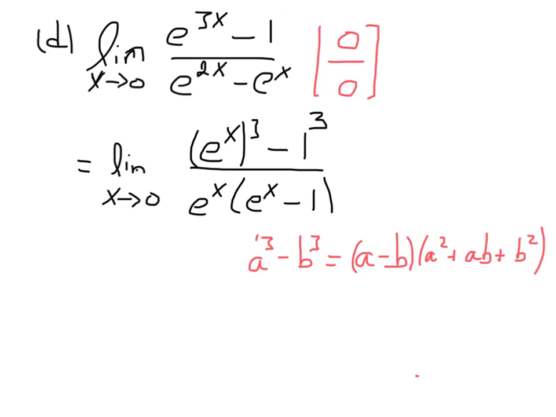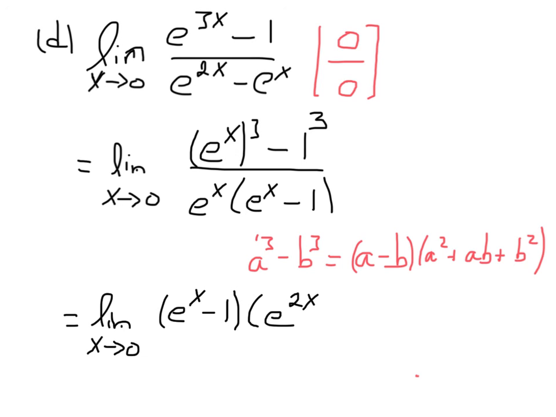So now this is equal to the limit as x tends to 0 of e to the x minus 1, there's our a minus b, times e to the x all squared, which I can write as e to the 2x, plus e to the x times 1, which is to say e to the x, plus 1 squared, which is 1, and this all over the same denominator as before, e to the x times e to the x minus 1.